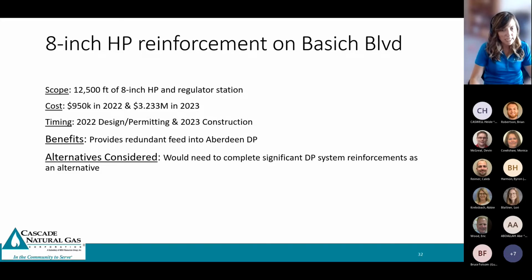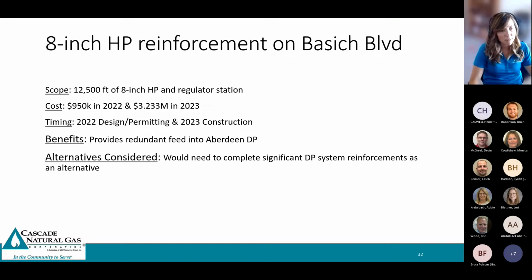This project is going to provide a second feed into the center of town, so the west side will get fed with a new regulator station to get more flow and pressure into the distribution system. Timing, we're working right now on 2022 design and permitting with the goal of 2023 construction.